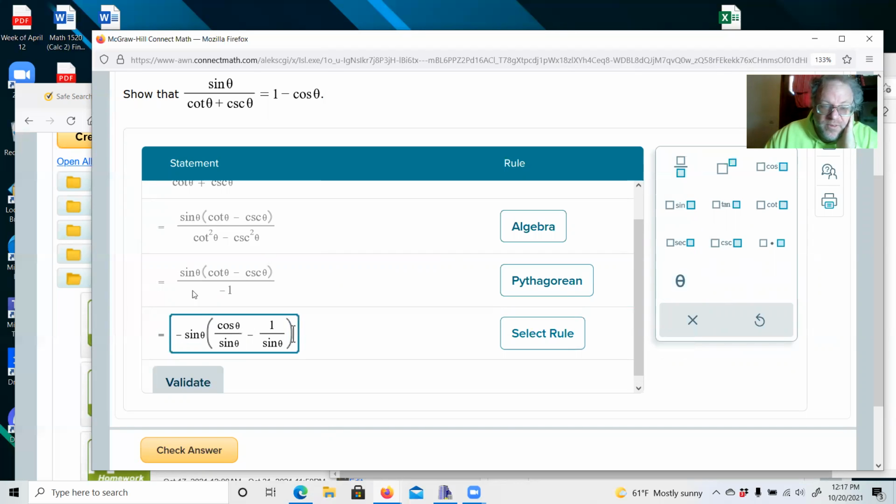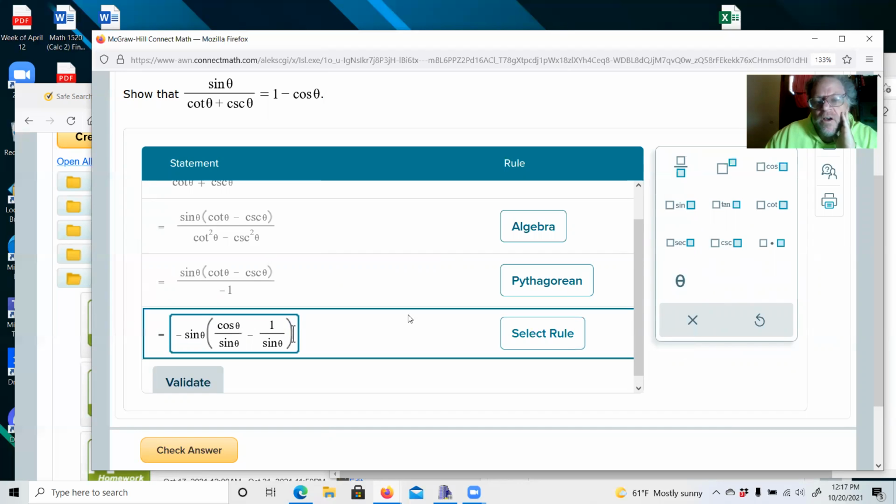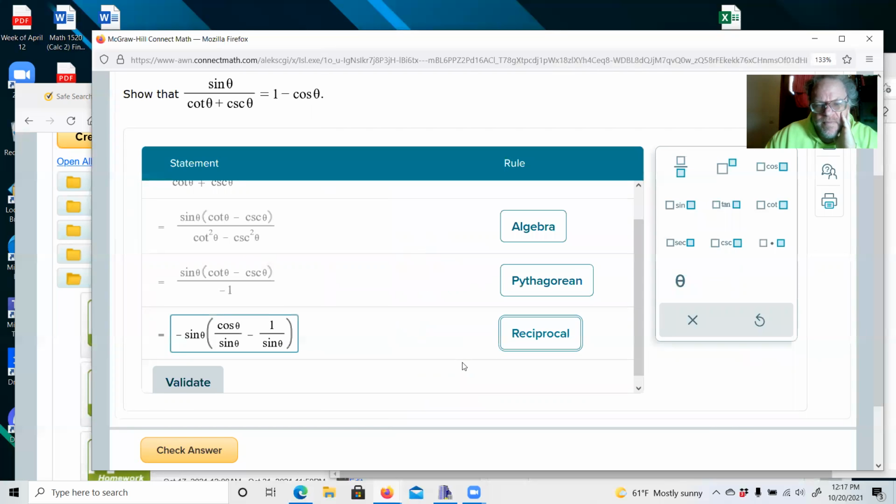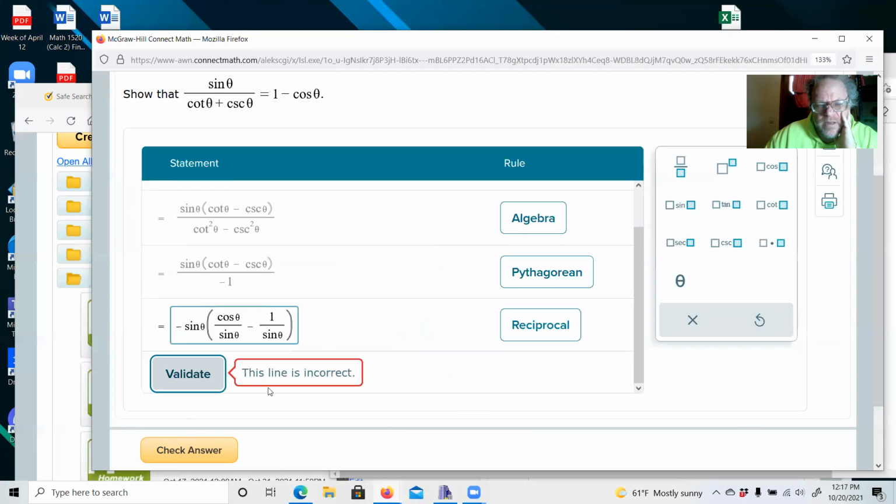What do you want to call this? I think I'm going to call this reciprocals. All right, we'll check. This line is incorrect.